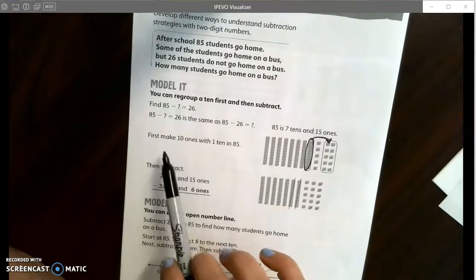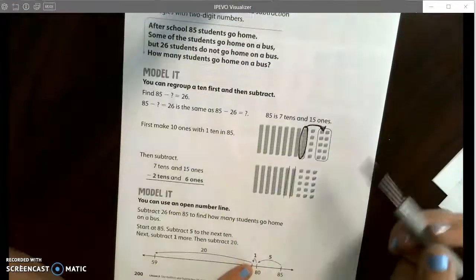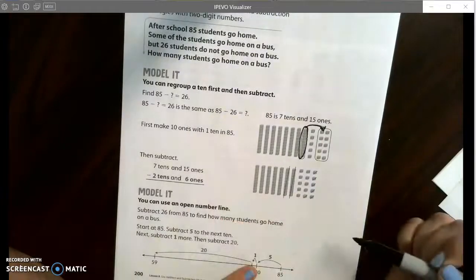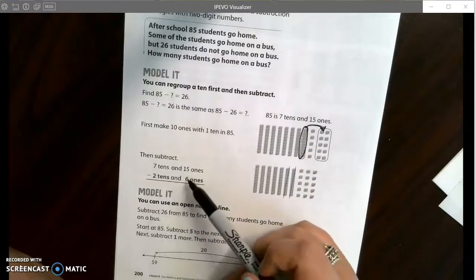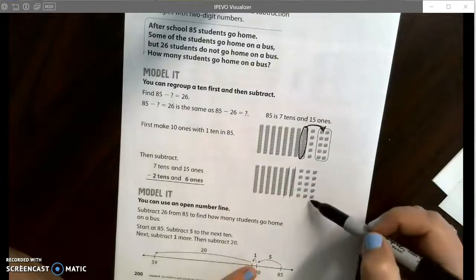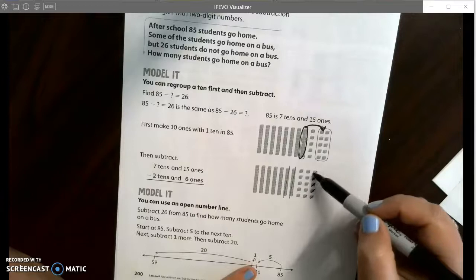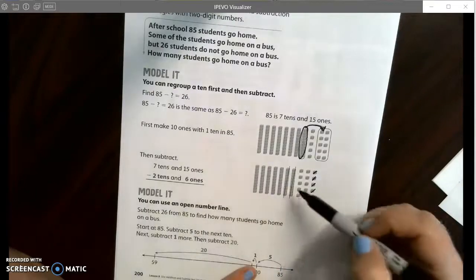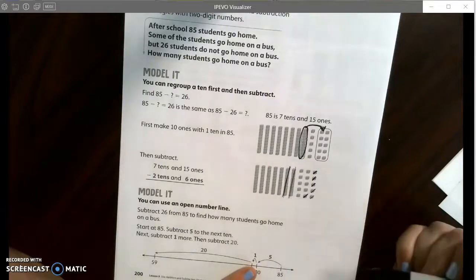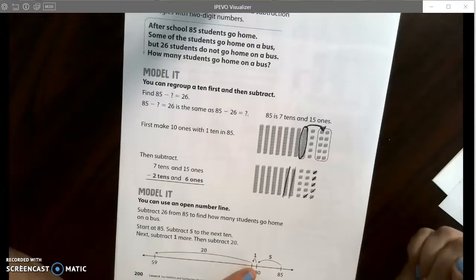That's our problem. Then we're subtracting. So we have to subtract 6 ones. 1, 2, 3, 4, 5, 6. And 2 tens. 1, 2. So now we can count how many ones we have left and how many tens we have left.